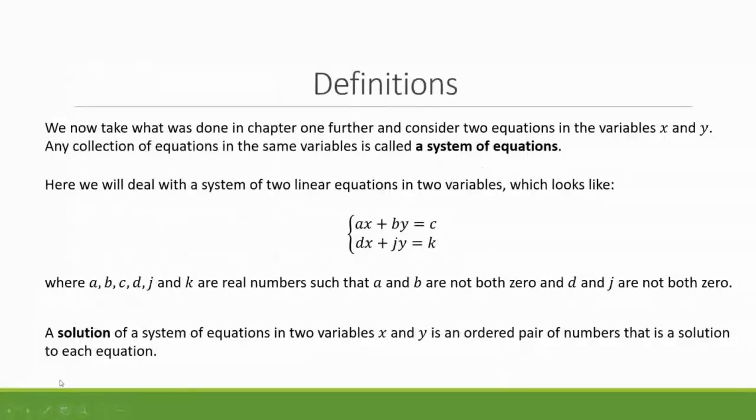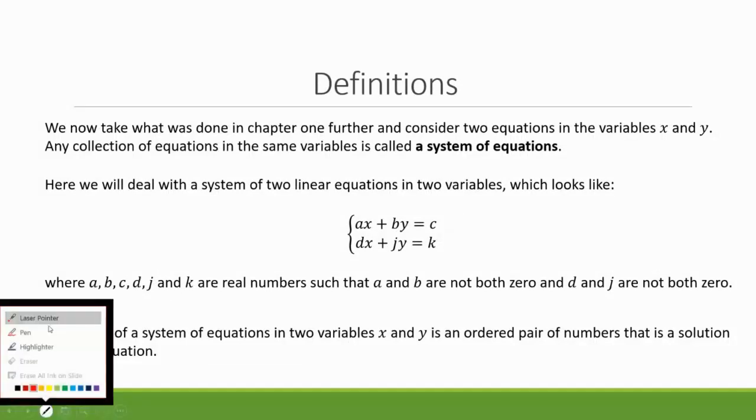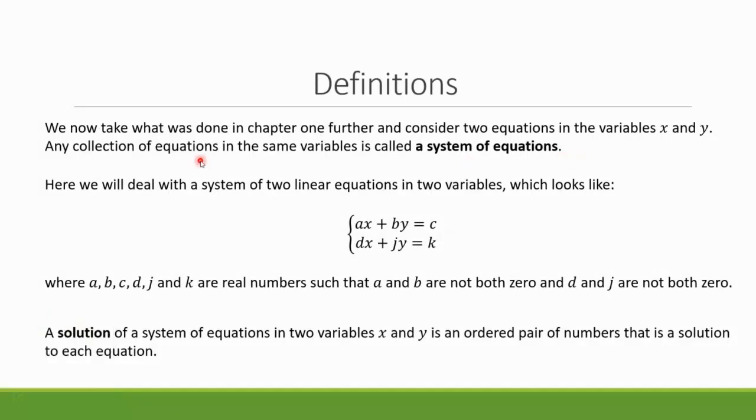Okay, so let's get some definitions here. As I said before, we're taking what we saw in chapter 1 and kicking it up a notch. A system of equations is any collection of equations in the same variables.